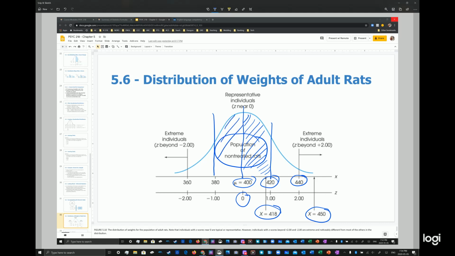And two of these is going to be, well, 68.26%. So again, if we're 2 standard deviations above and below the mean, that's going to be close to 95%. And so a score like this, where it's above 2 standard deviations away from the mean, we're already looking at somebody who is very extreme.